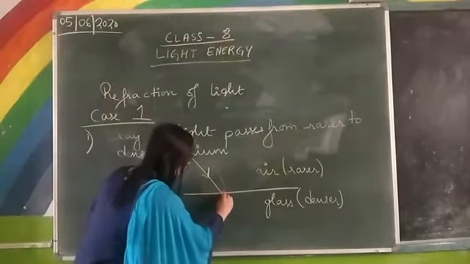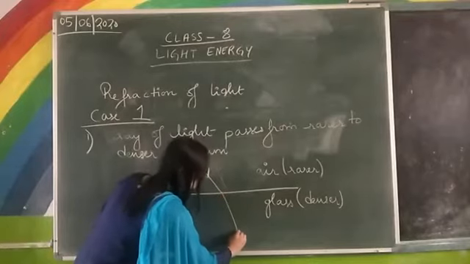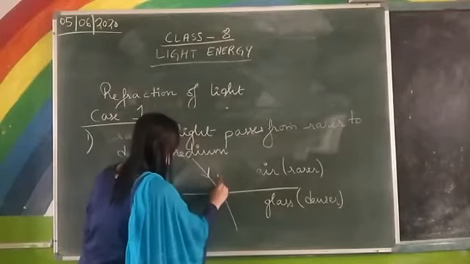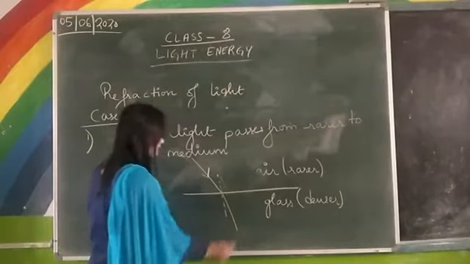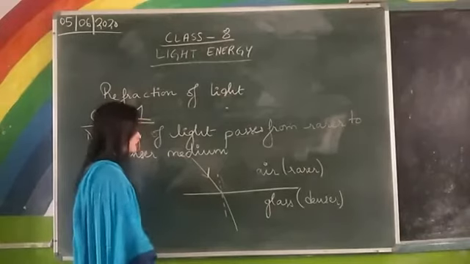So it comes, and this is your normal. The line which is between the incident ray and the refracted ray is your normal.